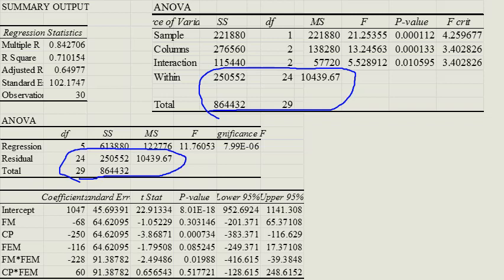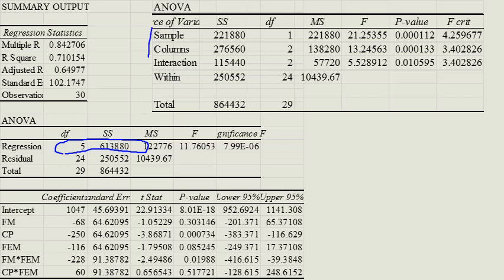And the regression row represents the full model with column, row, and interaction variables. So it is these 3 rows of the two-way ANOVA table, all rolled together into one.